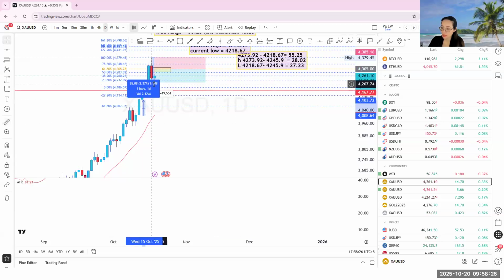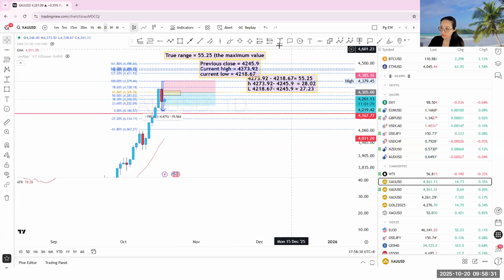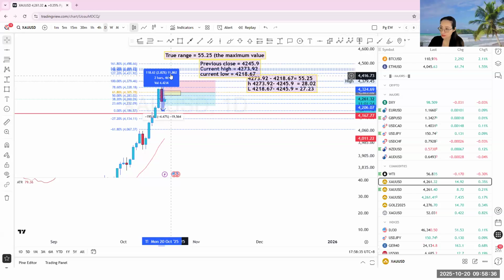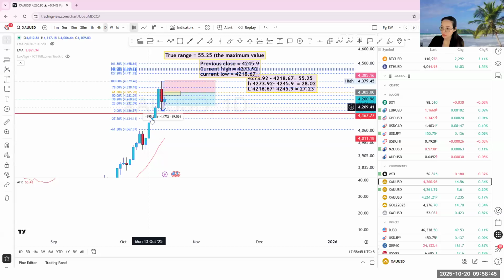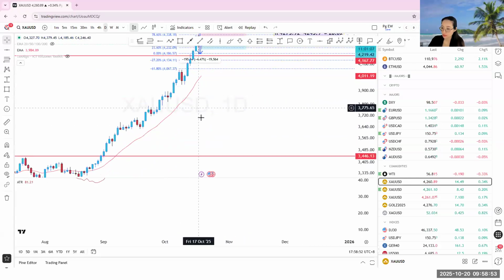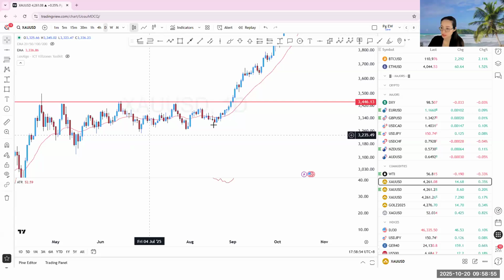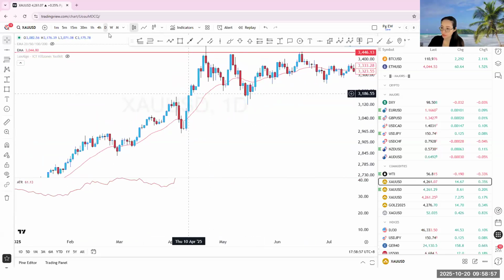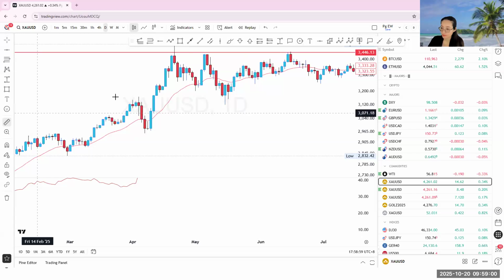Let's just say about 950 pip, and even though this candle, let's just say 1K pip, only the day before it moved 20K point or 1,000 pip. I think that's the first time I see gold move like this based on the D1 time frame.